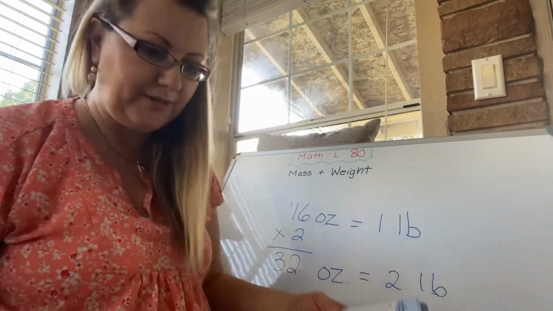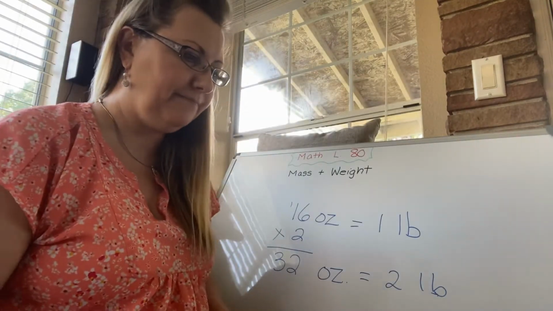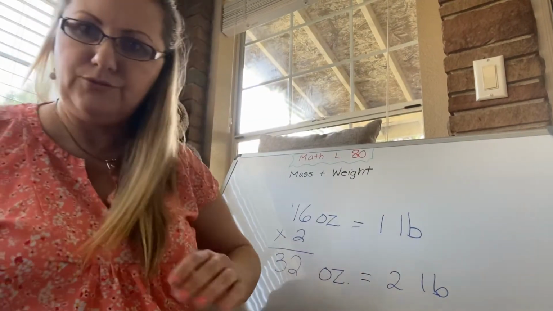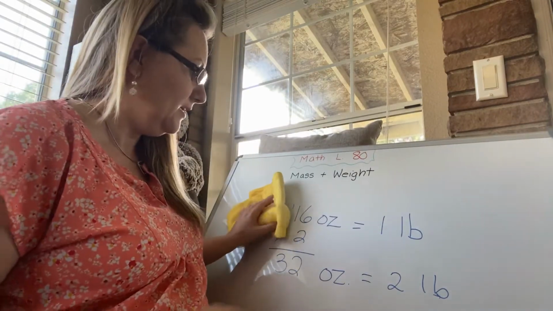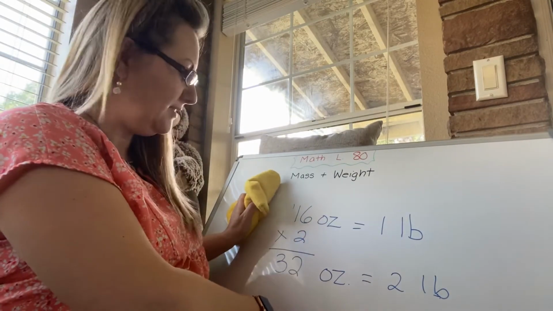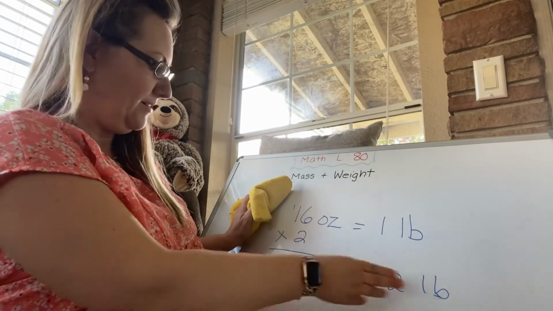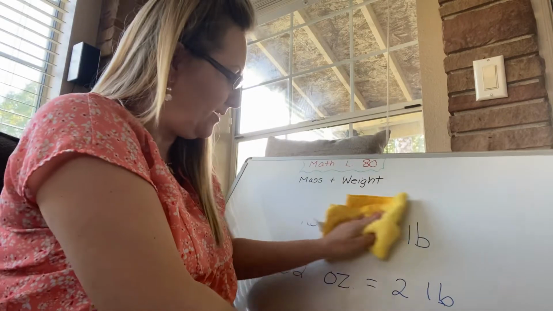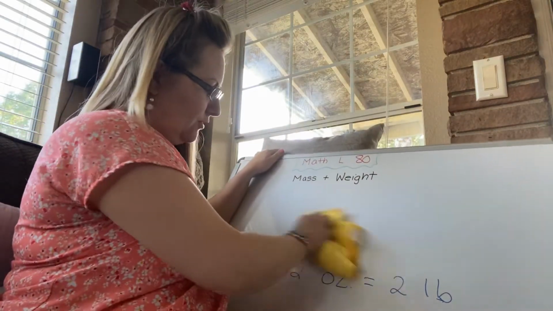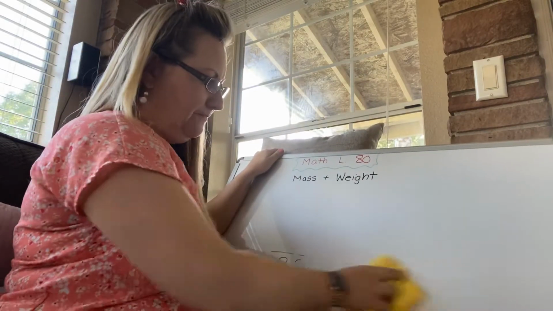These are just some little ideas of things you can think about and try to remember as we go along. So remember, 16 ounces equals 1 pound. We figured out 2 pounds was 32 ounces, and I'm going to do my best to erase this now.